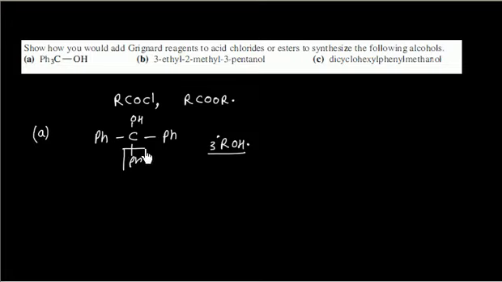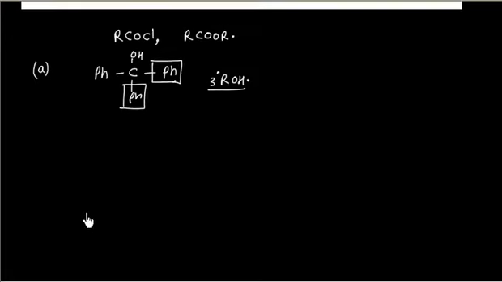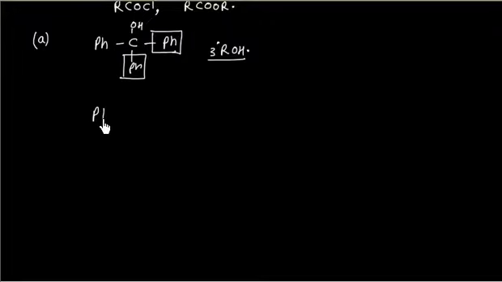We can add 2 equivalents of Grignard reagent. So these 2 equivalents have been added from Grignard reagent. So the corresponding acid chloride is this. If I take the acid chloride of this and treat with 2 equivalents of PhMgBr, that is PhMgBr, we have to take 2 moles.